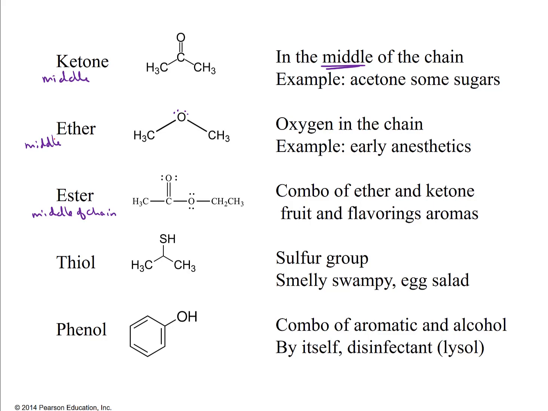And you see how an ester looks like a ketone and an ether put together. Esters are really nice smelling. All of your fruit flavorings, those are all esters. So your banana and apple and pear, like ripe fruit smells, those are all esters.